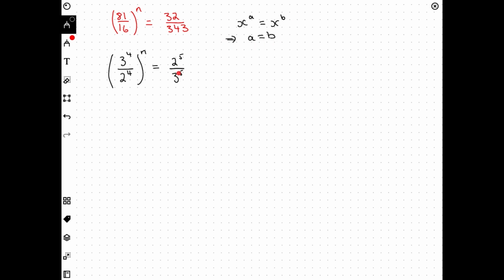Let's try and manipulate this now so that these are the same. Well, first of all, if I do one thing to one side, I must do the same thing to the other side. That's a fundamental rule, if you like, of equations. So if I was, for example, to multiply the left-hand side by something, I'd have to do the same to the right-hand side.